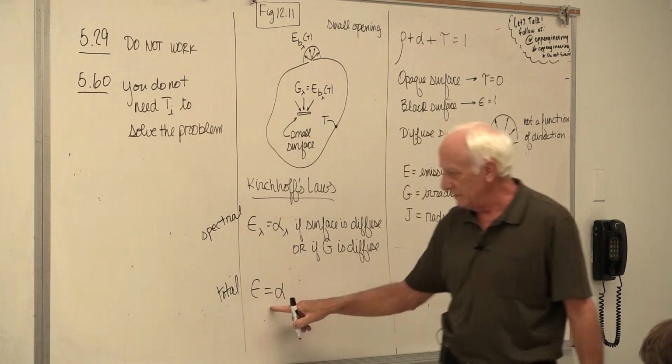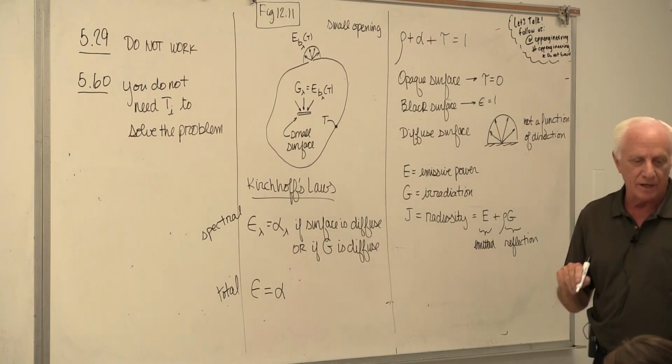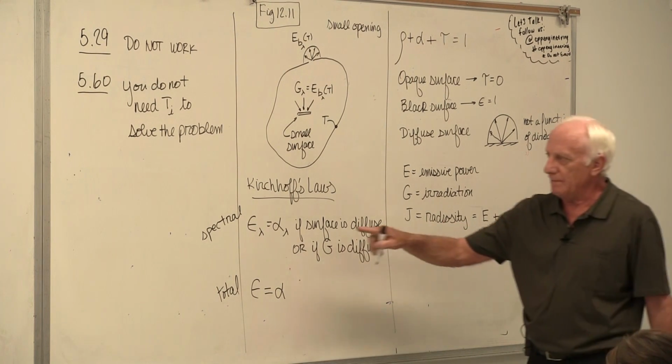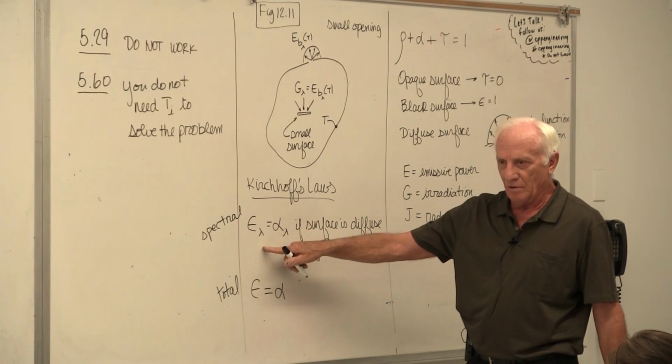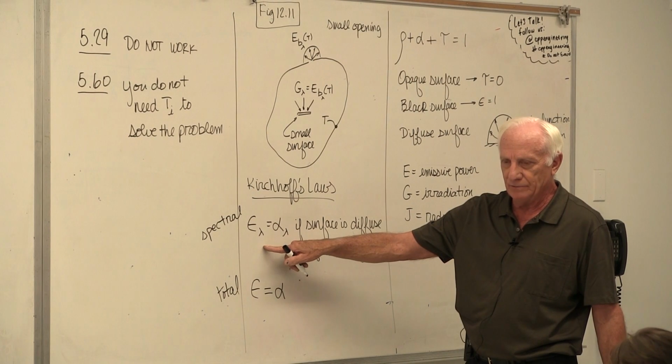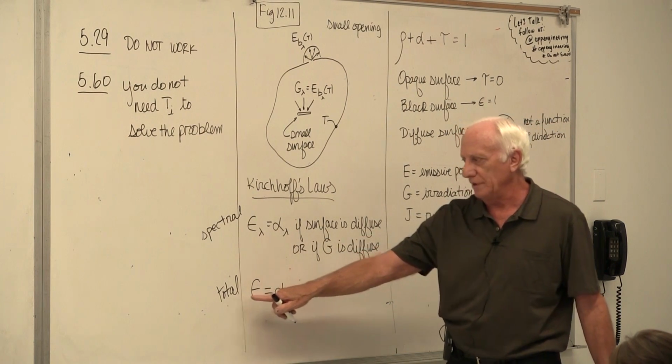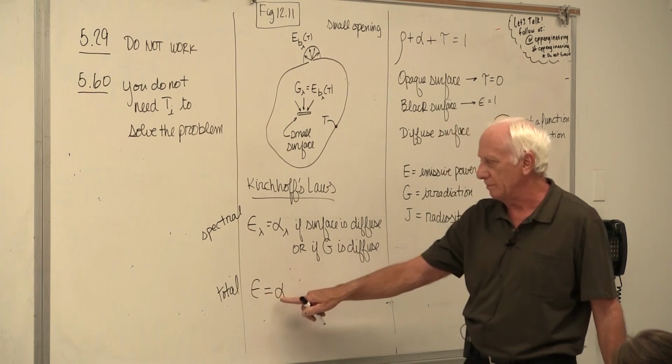The total emissivity equals the total absorptivity. The total means integrated over all possible wavelengths, 0 to infinity. You integrate epsilon lambda over all possible wavelengths, lambda equals 0 to lambda equals infinity.